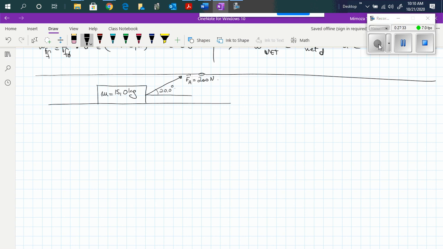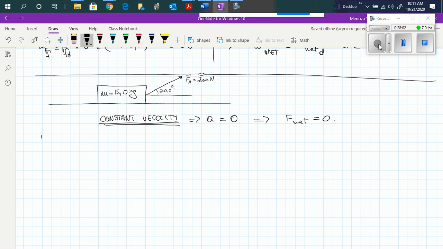But as a result of this force, the object is moving with constant velocity. This is the same as saying that the acceleration is equal to 0, which based on the second law of Newton tells us that force net is equal to 0.